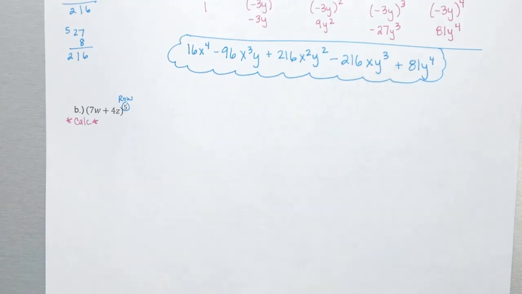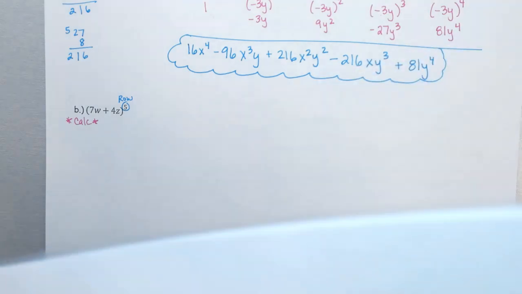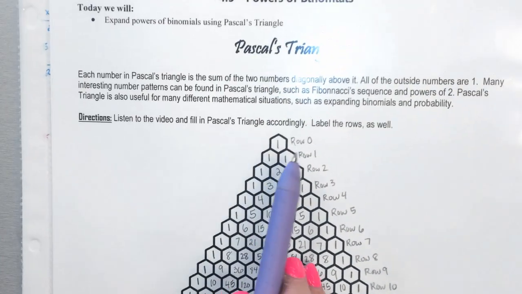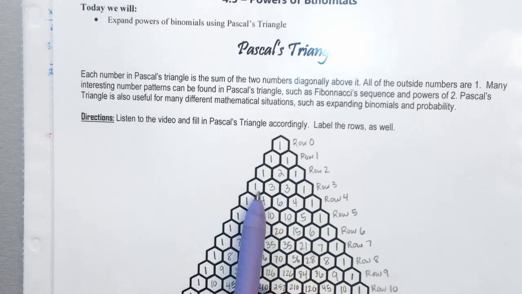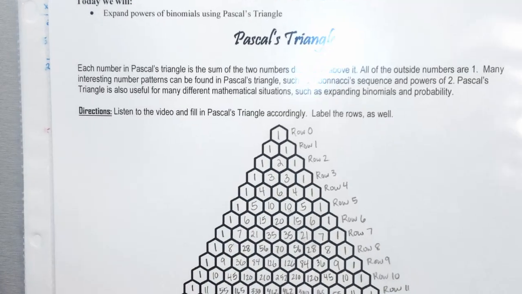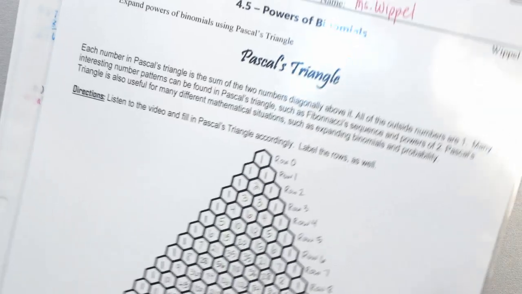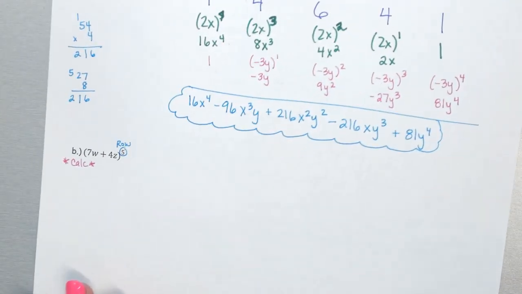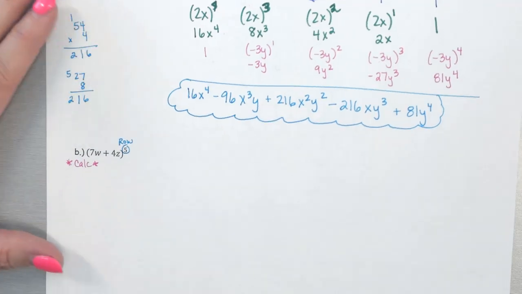So we're going to start with row 5. You know how to make it now, right? So you always would start with 1, 1, 1, 1, 2, 1, 1, 3, 1, and you won't have anything bigger than 5. Okay, so 1, 5, 10, 10, 5, 1.